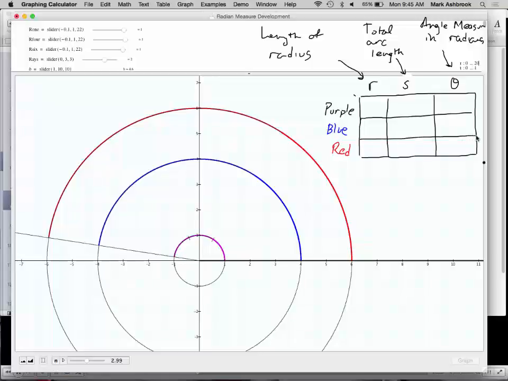So for this situation that I'm showing you right here, I have a particular situation illustrated here. So for the purple, for the blue, and for the red circles, the arcs, you're going to put the values in here for the length of the radius, the total arc length, and the angle measure in radians.